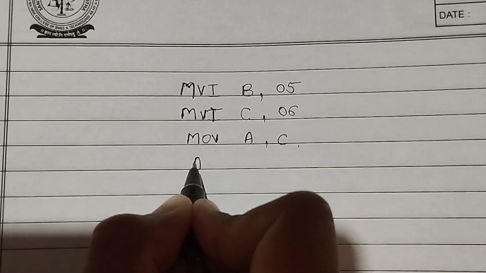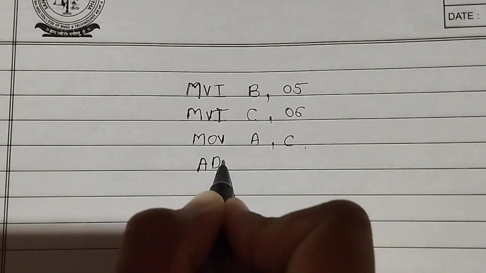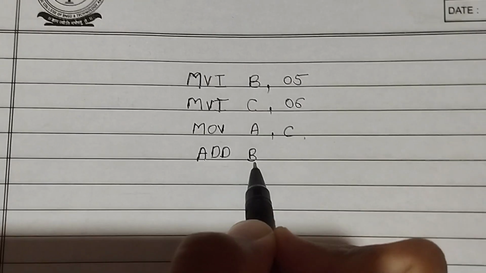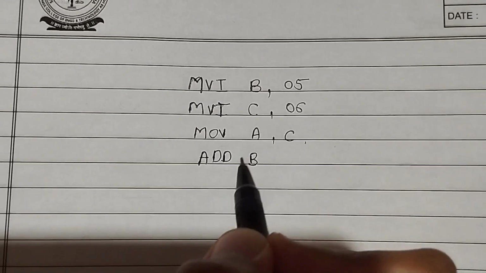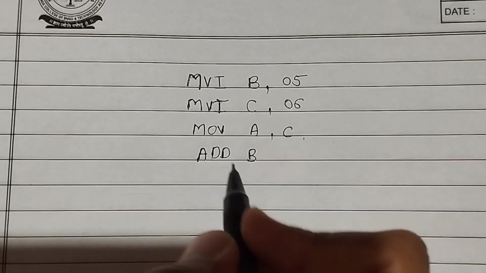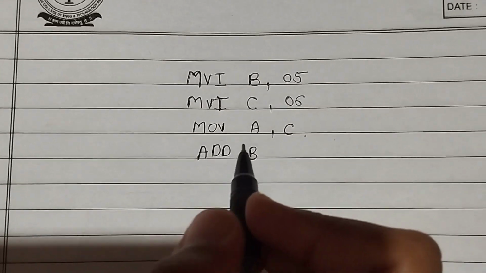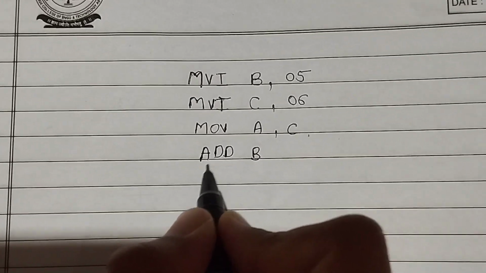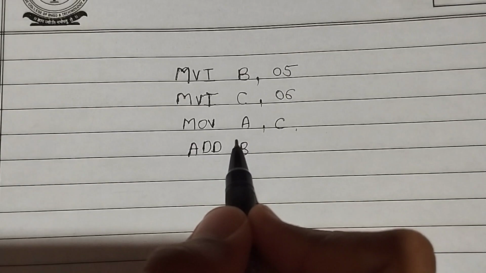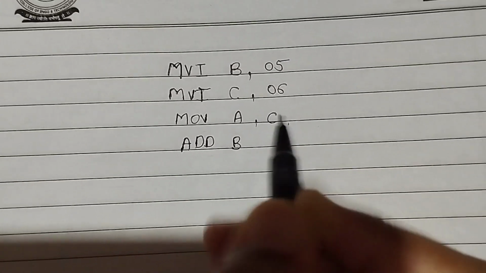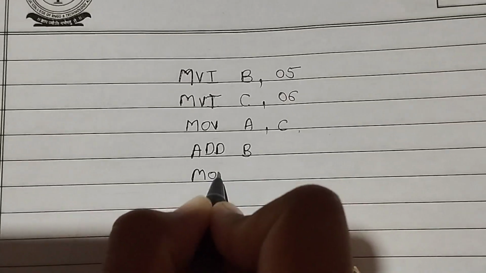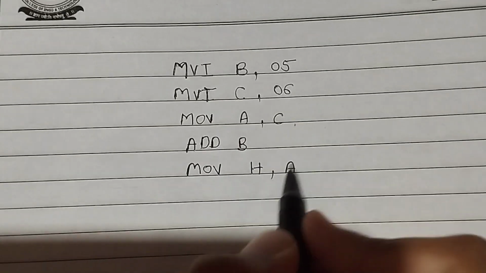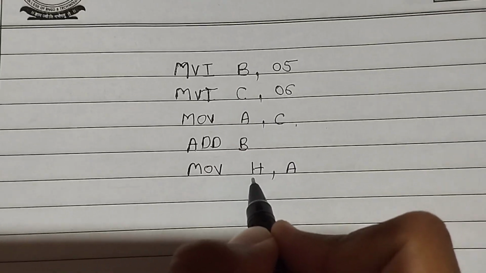For that purpose we use the instruction ADD B. When we use this instruction, automatically the B register and the A register, the accumulator, are added, and the result is stored in the accumulator. But we don't want our result in the accumulator. For that purpose again we use the move instruction, because we want to move the accumulator data into the H register. So MOV H, A: move the data of the accumulator into the H register.